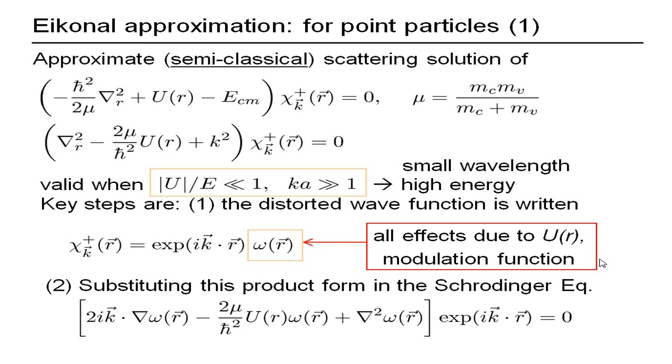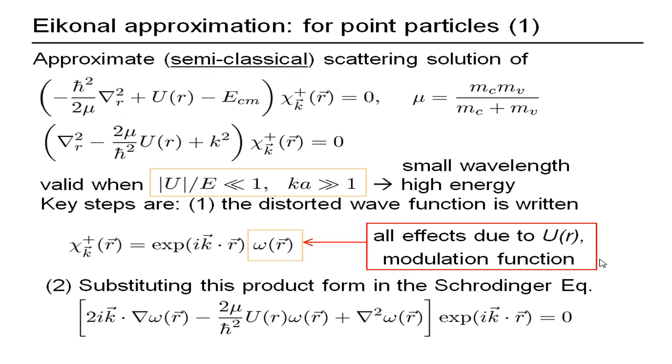There's our Schrödinger equation again. Okay, so that's the guy we would normally want to solve, and then this is trivially just multiplying through by the 2 mu upon h bar squared factor. Okay, so this is the exact solution. And the eikonal approximation starts by saying, let's assume that this wave function here, this exact solution of this Schrödinger equation, looks like the incident plane wave, which has to be there, that's the incident boundary condition, times a function omega.